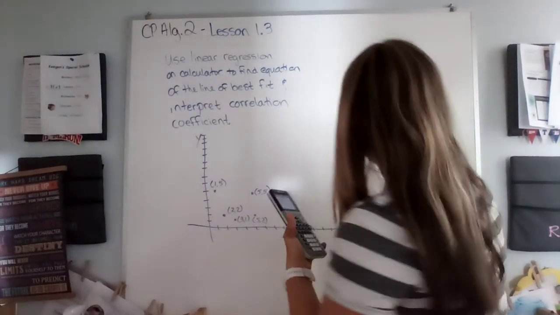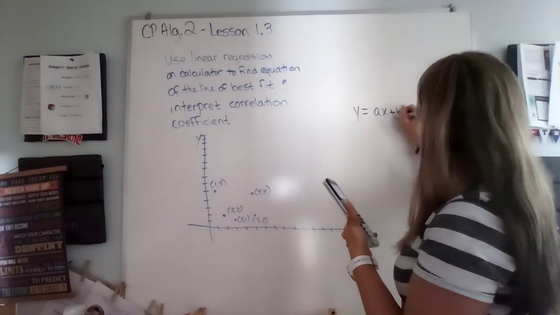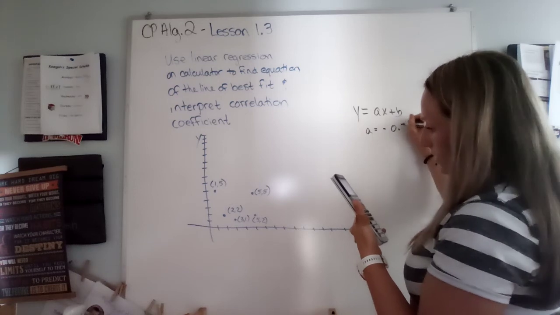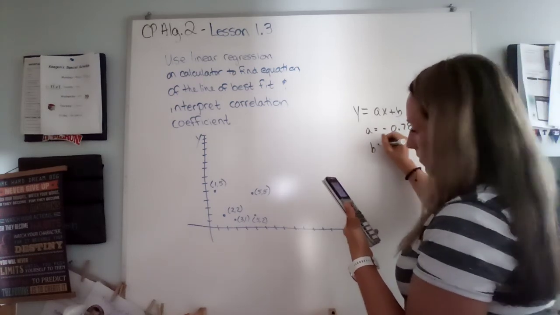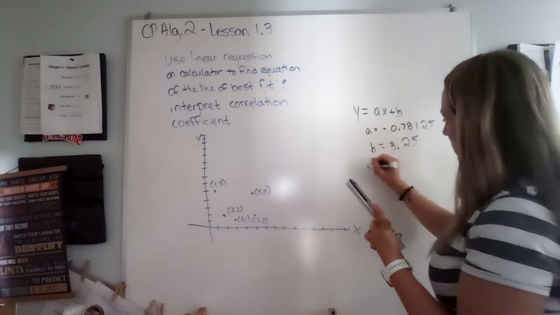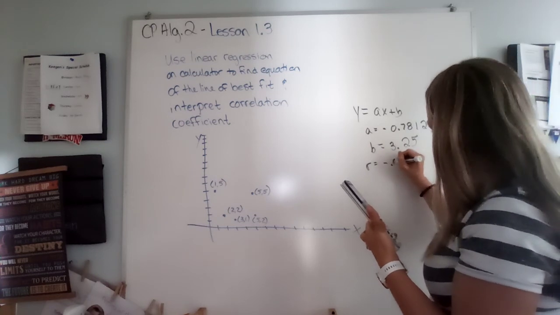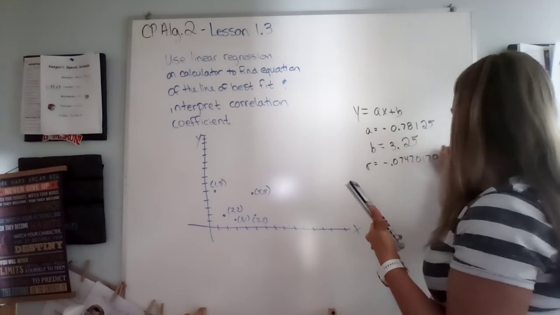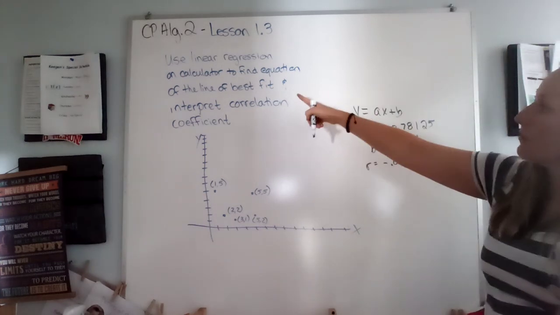So for this data, y equals ax plus b, a is equal to negative 0.78125, b is equal to 3.25, and r is equal to negative 0.747017881.